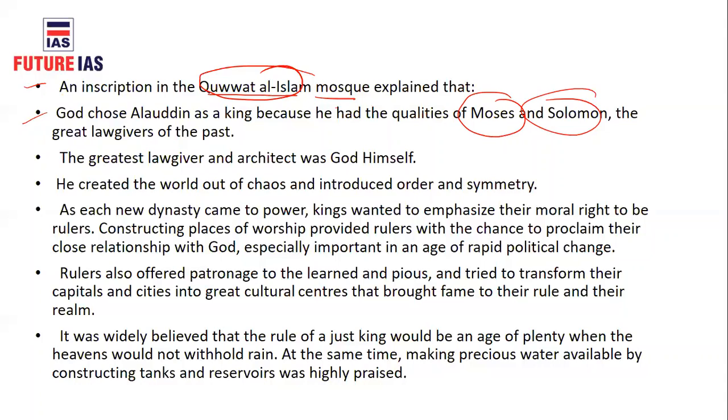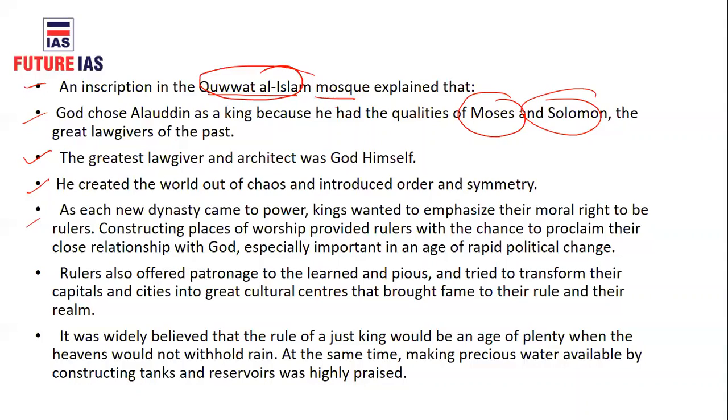And the god himself created the world out of chaos, and for introducing order and symmetry, he placed Alauddin Khilji, isn't it? And you must also understand, each of these dynasties which ruled wherever, right, they try to emphasize their moral right to rule.